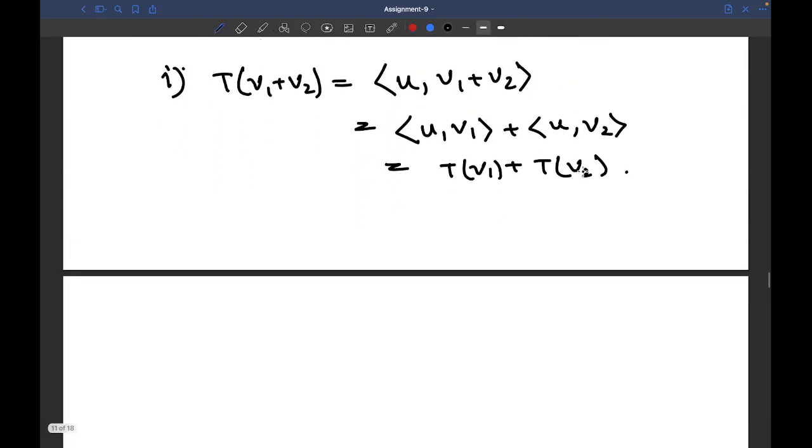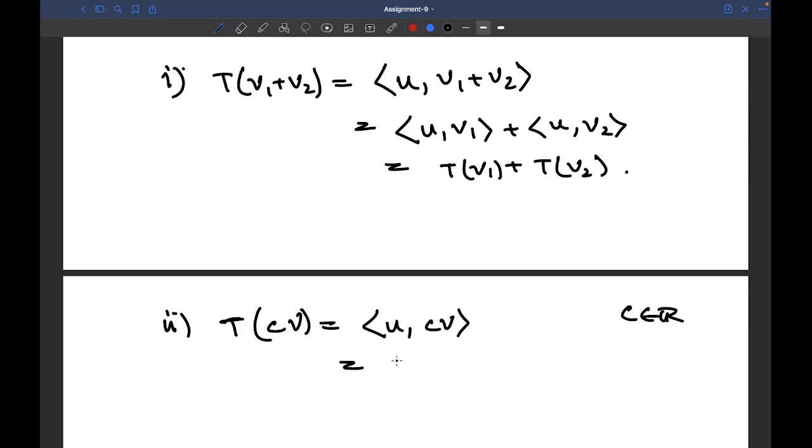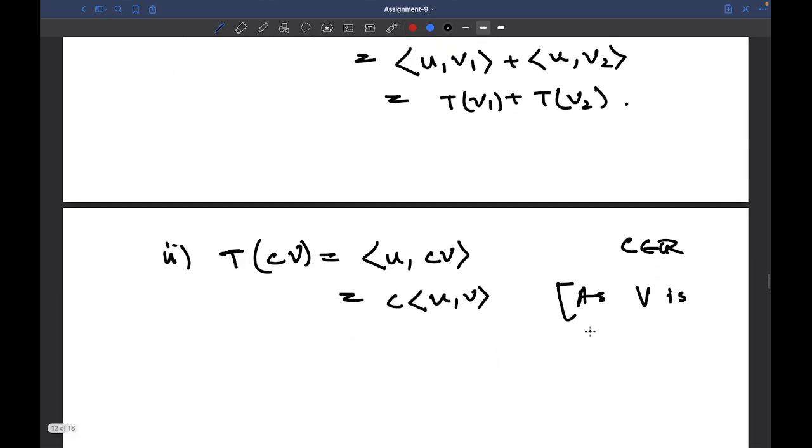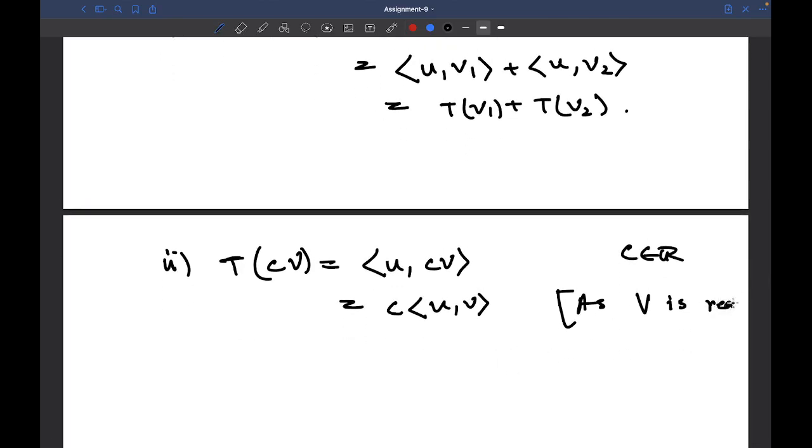Now let's check the next one. What is the next one? You have to check T of c v, if you take some real number c. It will be u inner product c v. And as this is a real inner product space, c will come out. It will be c times u inner product v. Otherwise, c bar would come out, but V is a real inner product space.